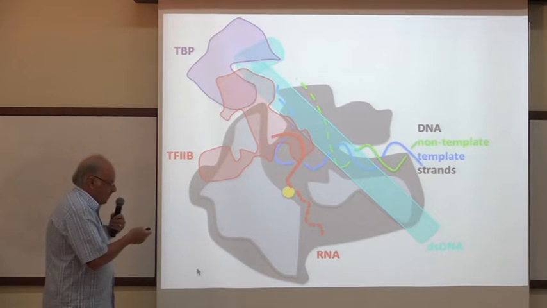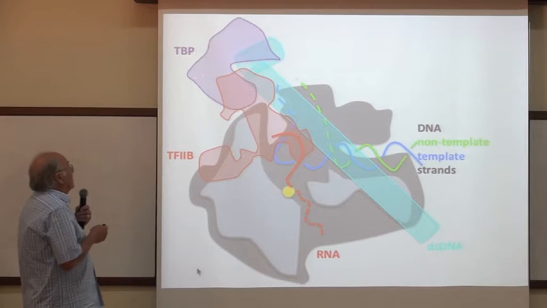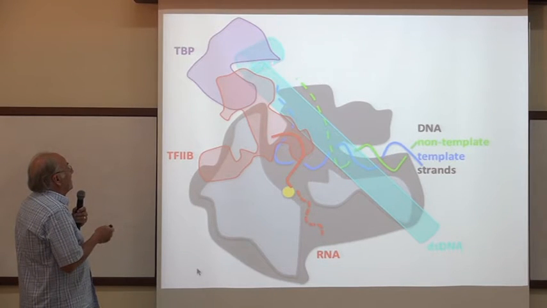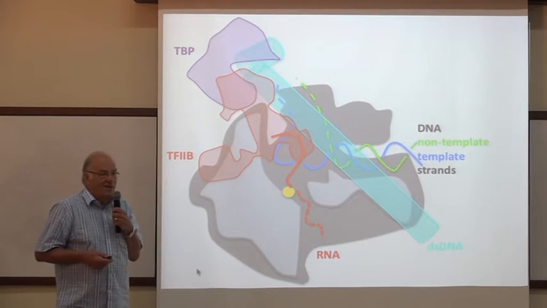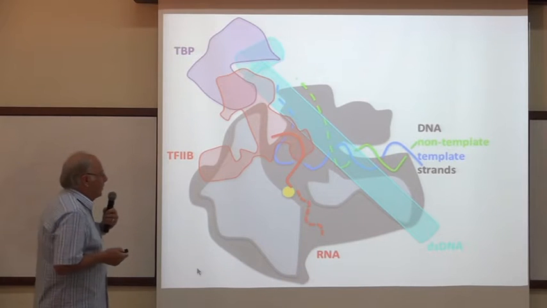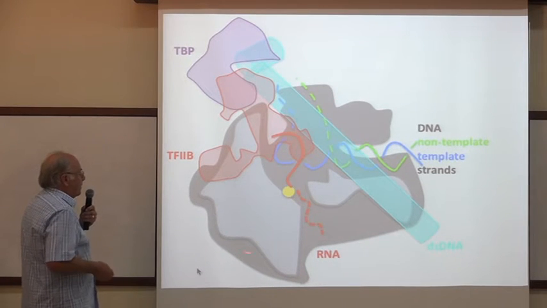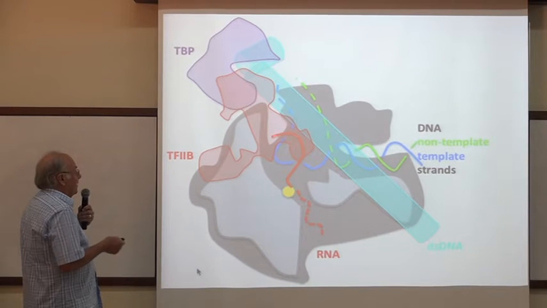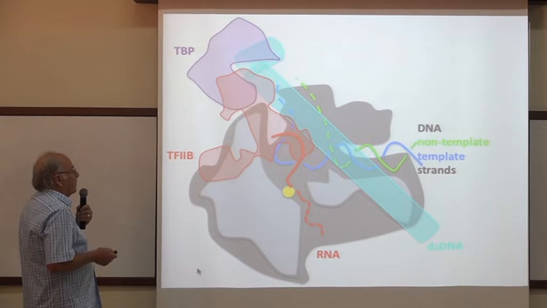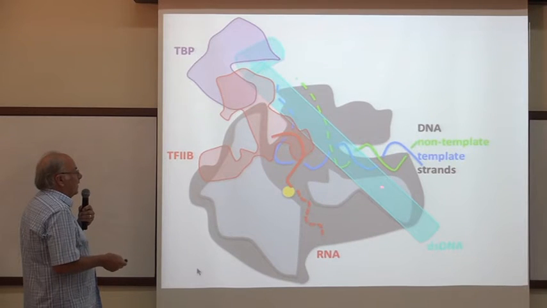So now this is a very sketchy picture. So the TATA box binding protein is sitting here and bending the DNA in this way. But this is not the functional arrangement yet of the whole thing. You see the RNA polymerase in gray here. The active site is down here where the RNA should be produced. So this is not the way to bind it.